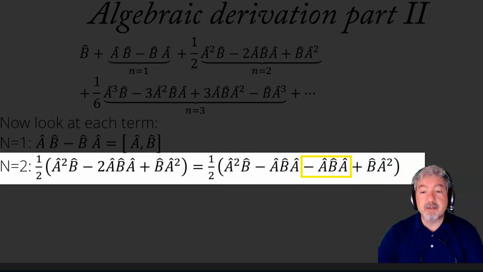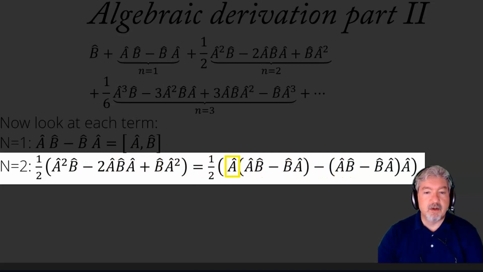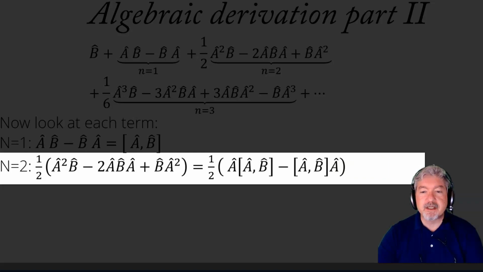And now what I'm going to do is collect terms. So I'm going to collect an A out of the left-hand side of the first 2 factors, and I'm going to collect an A out of the right-hand side of the next 2 factors. And you can see when I do that, I clearly now am getting a commutator on both sides. But in one case, the commutator is on the right, and in the other case, the commutator is on the left. So let me simplify that, put the commutators in.